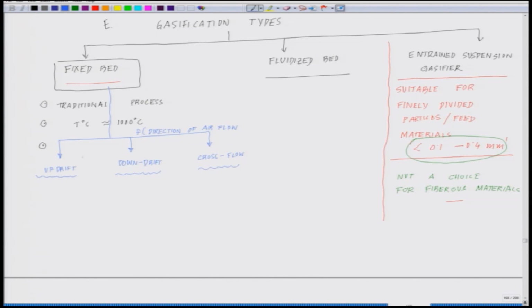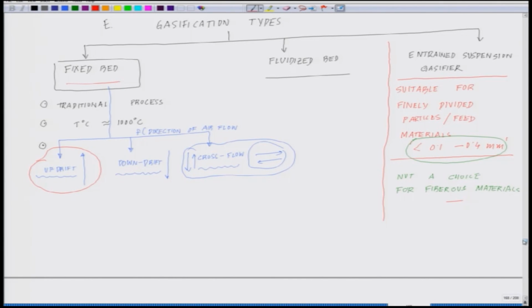So, here it will go updraft, downdraft, possibly there is a cross flow like this. So, what we will be doing first is we will talk in depth about the updraft gasifier system.